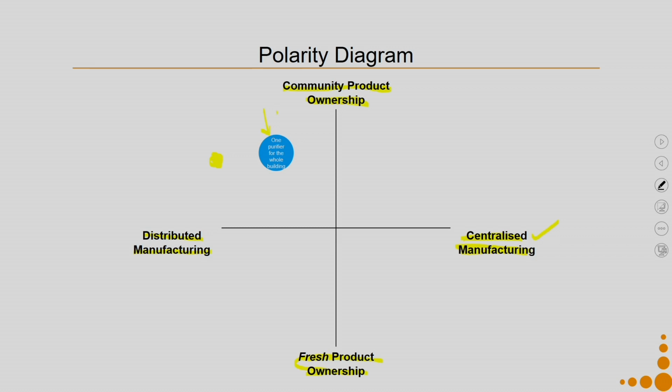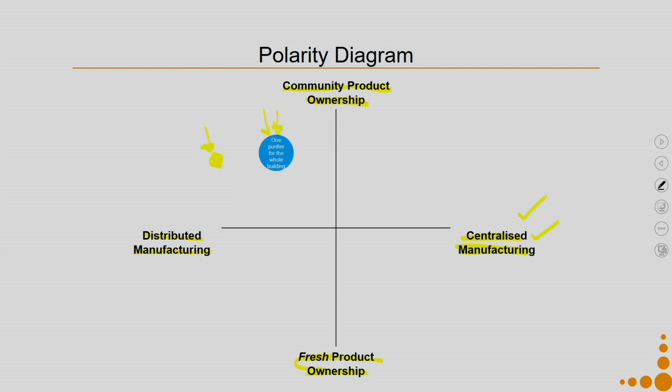Say if I put this system at the edge, I will start seeing the different components of the water purifier, and I will realize that some parts cannot be 3D printed and need to go through centralized manufacturing. So, then I will place it over here.